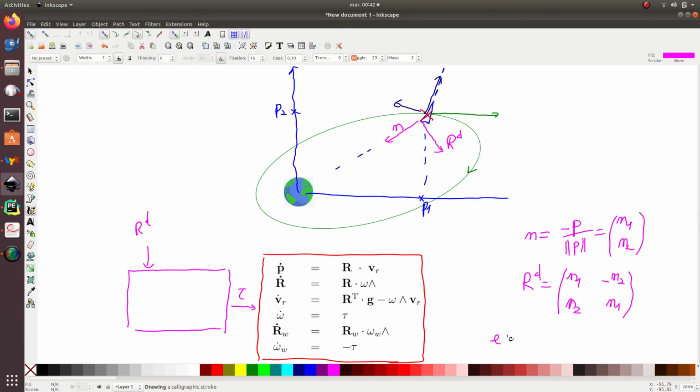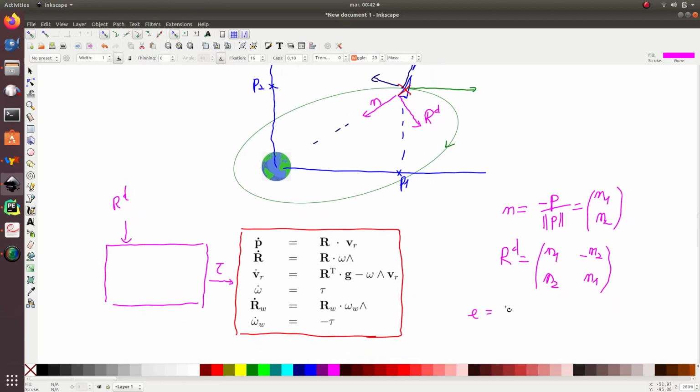Now from this I will build the error between my orientation and RD. I will use the logarithm for this, so I take the logarithm of the desired orientation RD multiplied by R transpose. So recall that I cannot make the division between the desired and the actual rotation matrices, because I cannot add rotation matrices.